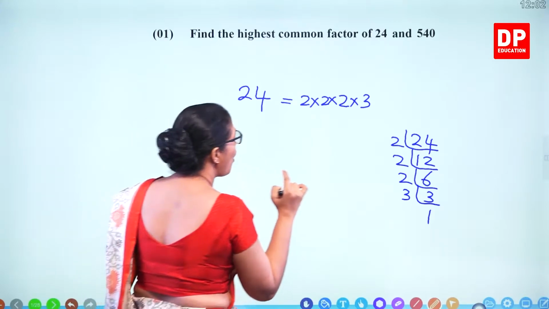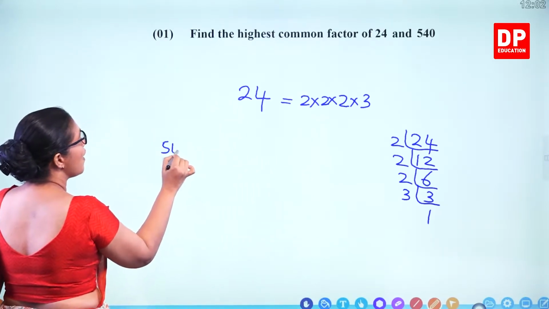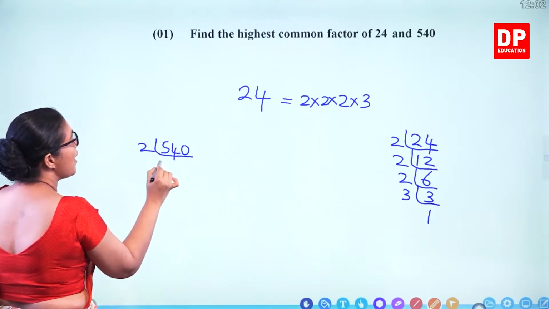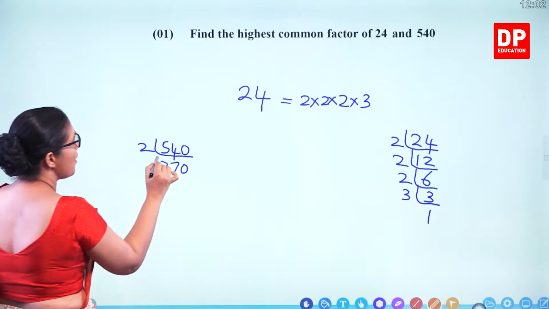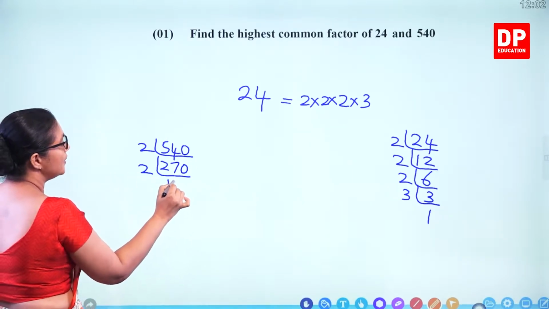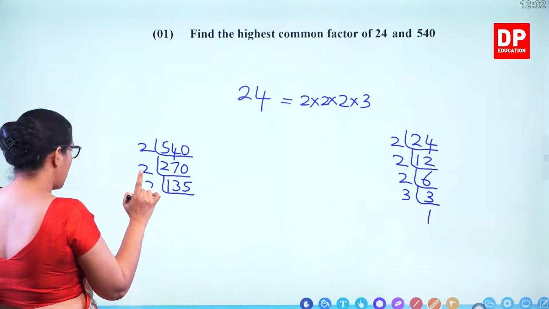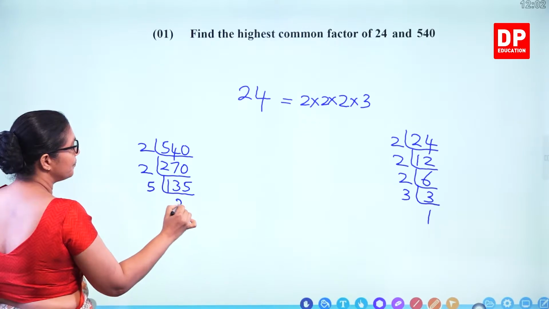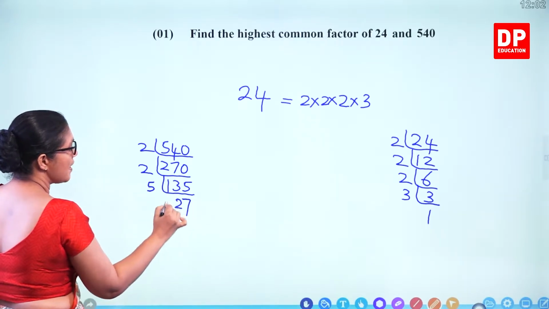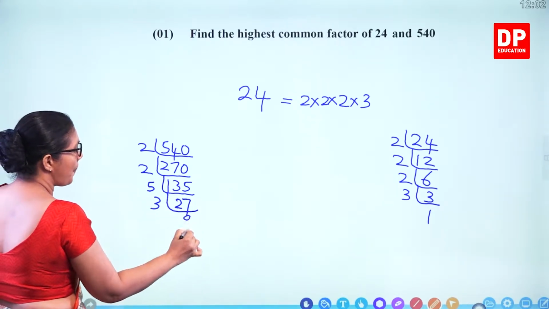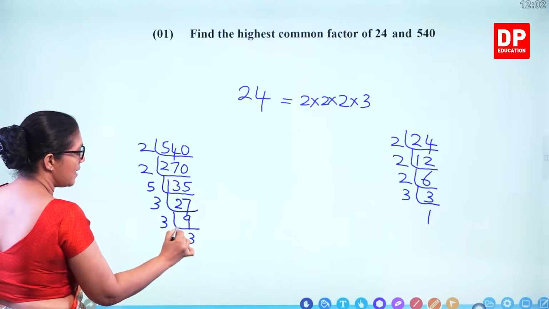Then 540. What are the factors of 540? Divide by 2, 270. Divide by 2 again, 135. Divide by 5, 27. You can divide by 3, divide by 3, again 3.